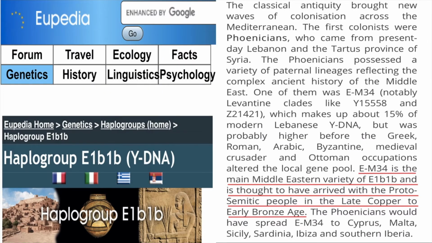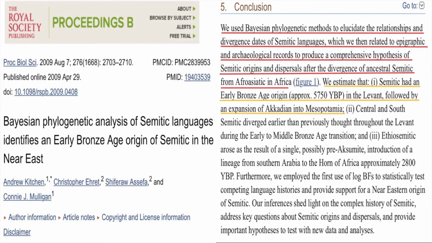And of course, we can't forget that there are scientists that do say haplogroup E is Proto-Semitic. This is from the page on haplogroup E1b1b by Eupedia, and it says E-M34 is the main Middle Eastern variety of E1b1b, and is thought to have arrived with the Proto-Semitic people in the late Copper to early Bronze Age. And this is exactly when Semites began to migrate.